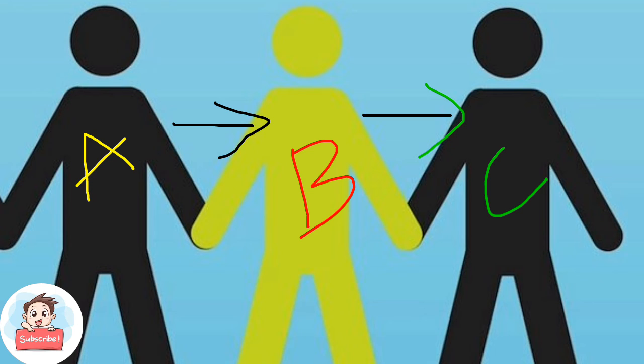Person A and person B have equality of shock, and person B and person C have equality of shock. Similarly, person A and person C are also in equality of electrical shock. So this defines the zeroth law of thermodynamics.